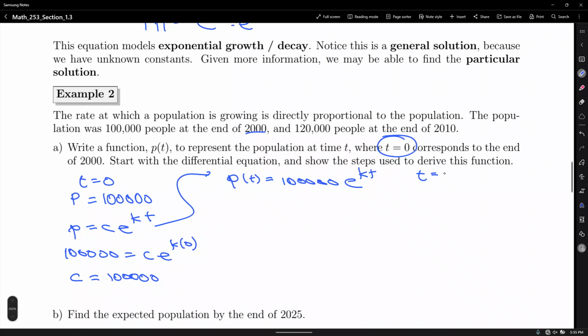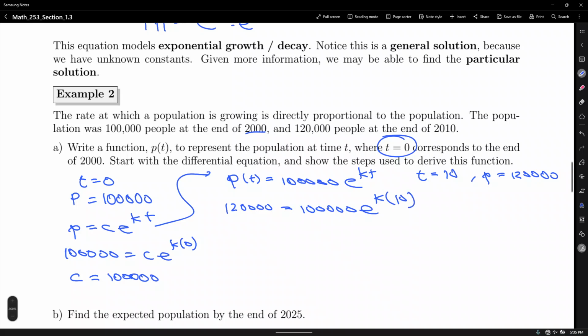So when t equals 10, the population size was 120,000. So that's to get the rate constant, or the growth constant. So 120,000 equals 100,000 e to the k times 10.